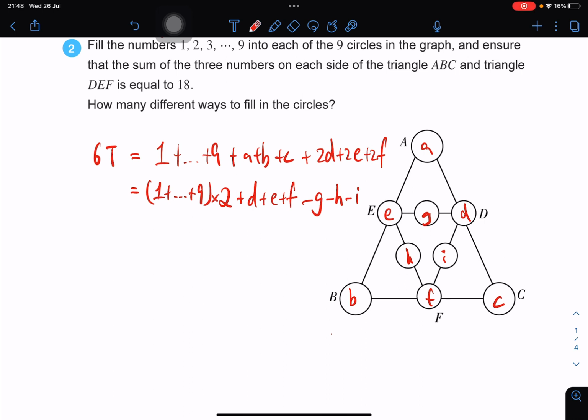Because we know that the sum is equal to 18 on each line, right? So T is equal to 18 times 6, and that's going to be 108.